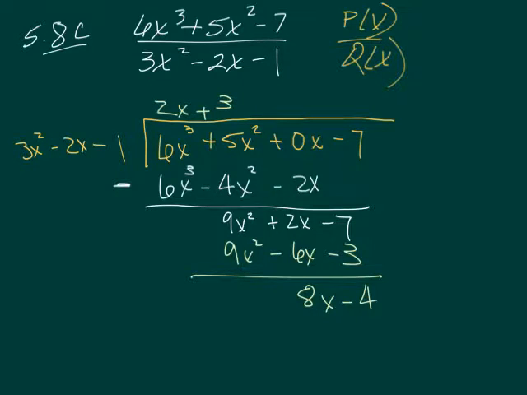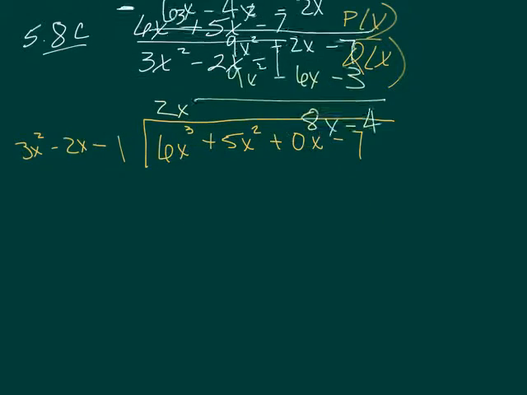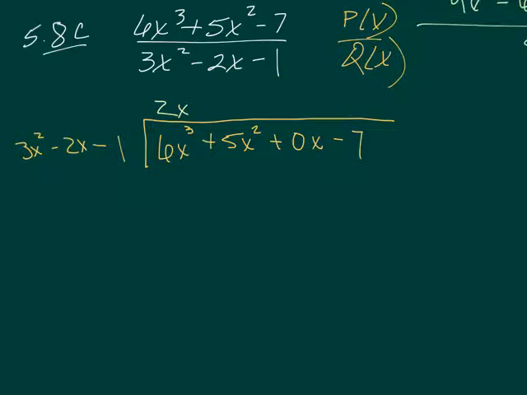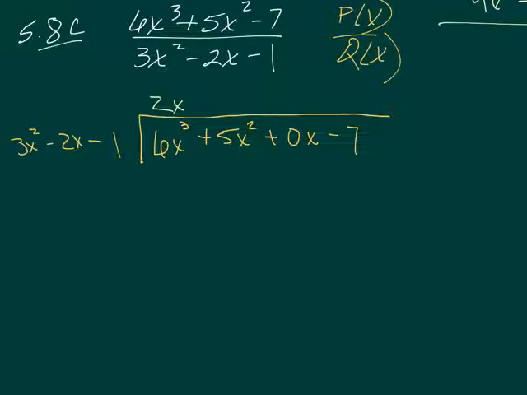So I get for an answer, and let me pop this up a little bit. I get for my answer 2x plus 3 plus my remainder 8x minus 4 over, I never remember if it's the dividend or the divisor, 3x squared minus 2x minus 1.